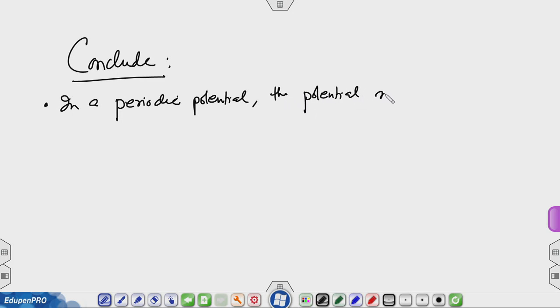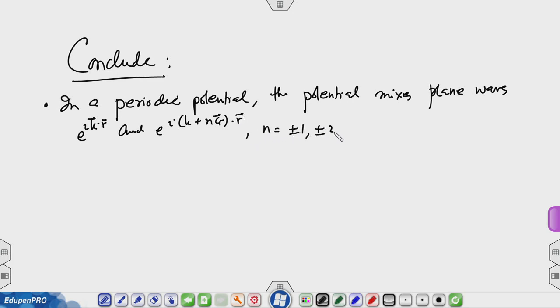Number 1, in a periodic potential, the potential mixes plane waves e raised to i k dot r and e raised to i k plus n g dot r, n equals plus minus 1, plus minus 2 and so on.